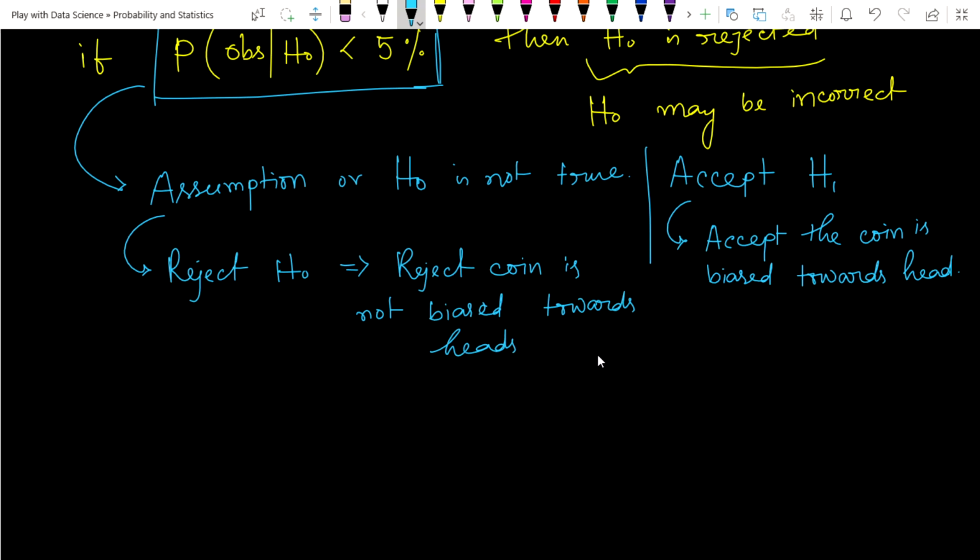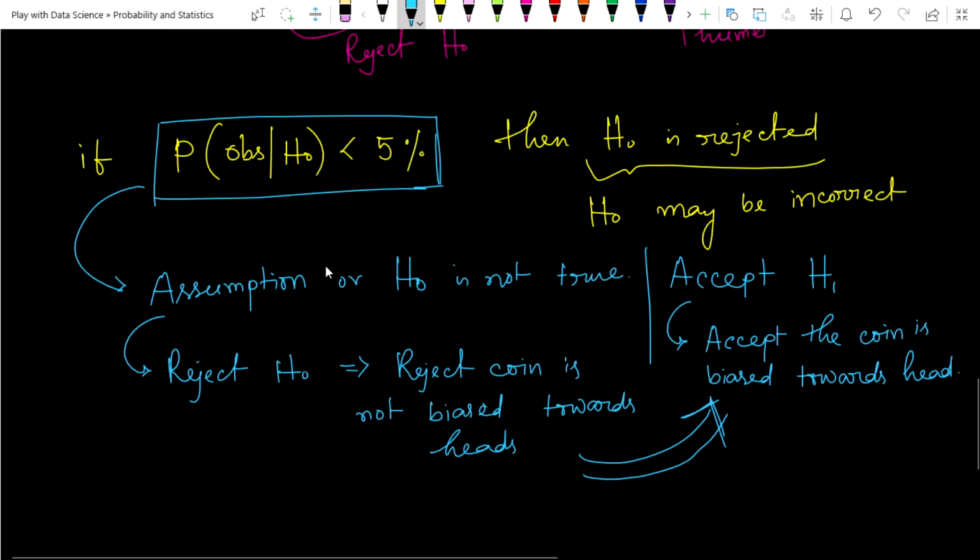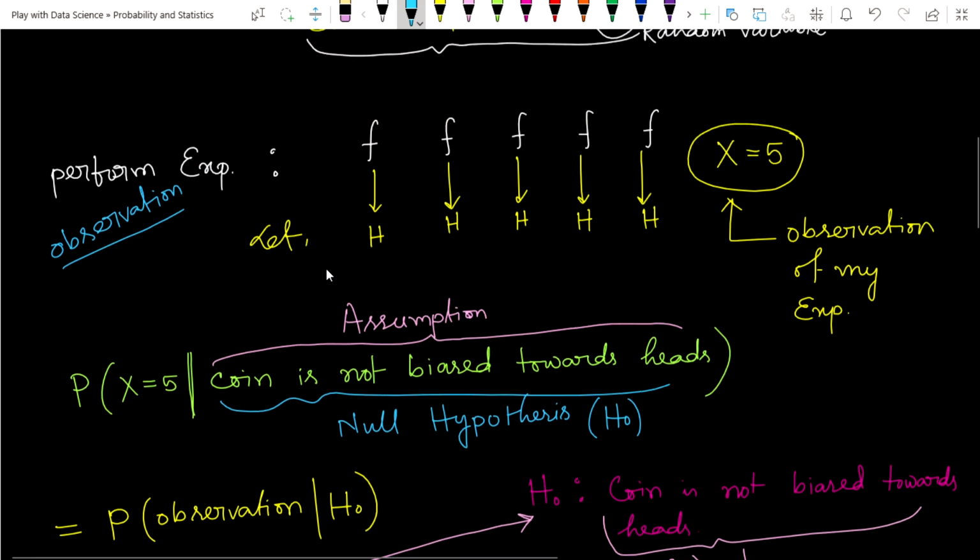Oppositely, if we accept the null hypothesis, we reject the alternative hypothesis. So on the basis of these examples, I think we got some idea.